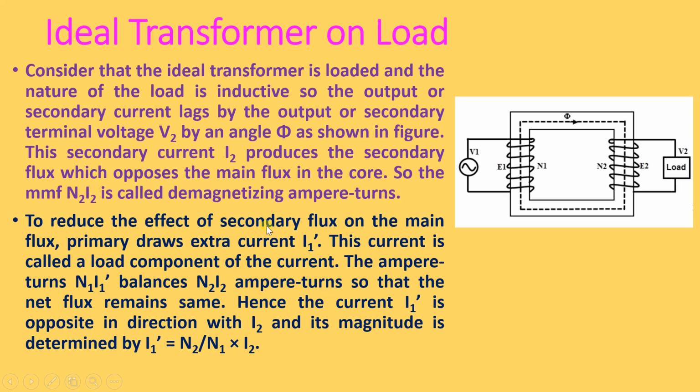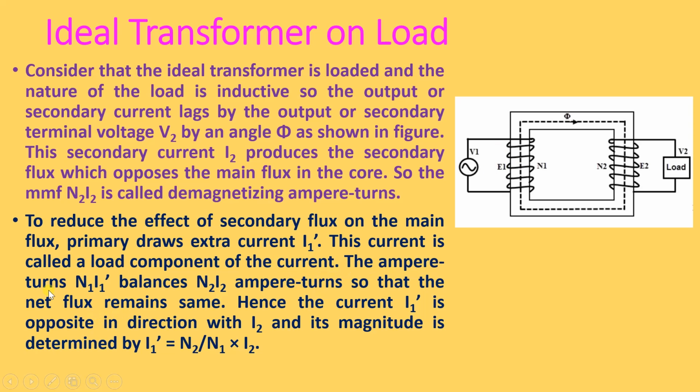To reduce the effect of secondary flux on the main flux, the primary draws extra current I1 dash. This current is called the load component of the current. To oppose the flow of this secondary flux on the primary side, an extra current starts flowing, that is called I1 dash, and this current is called the load component of the current.